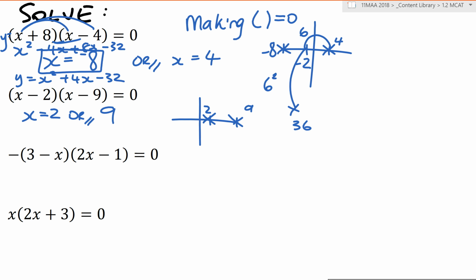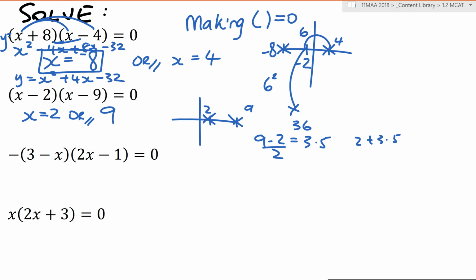Yeah, half. So you can either go 9 minus 2 and then half that. And then you go, well, that's 3.5. So I'm going to add 3.5 to 2. Or you could just go 9 plus 2 divided by 2. That would actually give you the actual answer. But we'll go through that shortly.